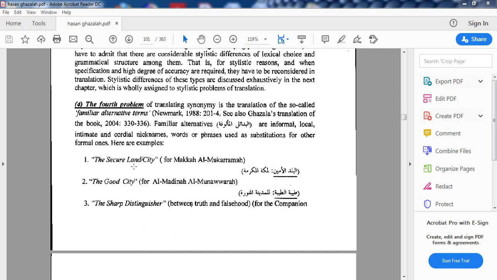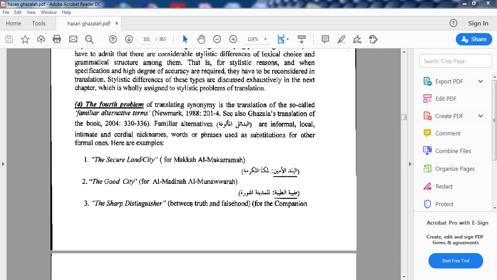The secure land or city for Mecca al-Mukarramah. So البلد الأمين. Okay, so when the reader wants to check, for example, he's not Arabic, and he checks up the meaning of البلد الأمين, بلد, secure land or city, he wouldn't know that it is Mecca al-Mukarramah.